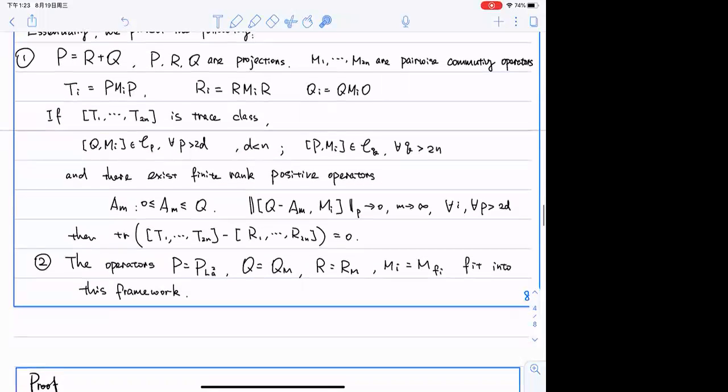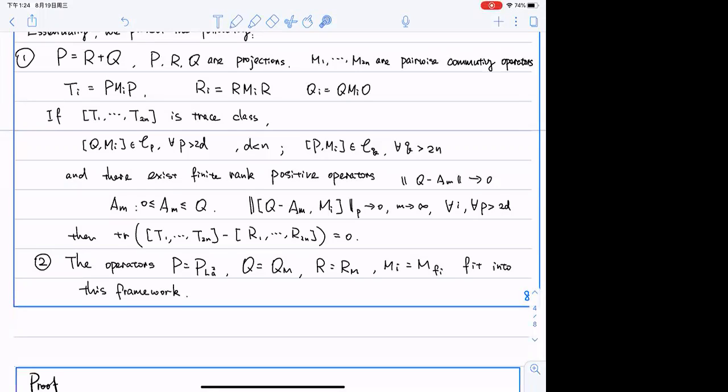Essentially, if you have a sequence of positive finite rank operators that approximates, and I should also add, of course, Q minus AM norm tends to 0.